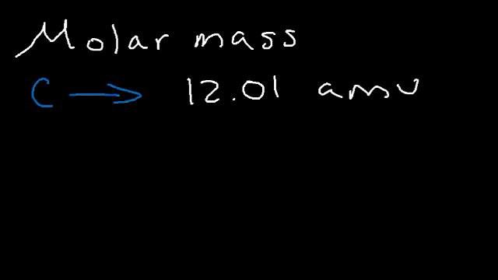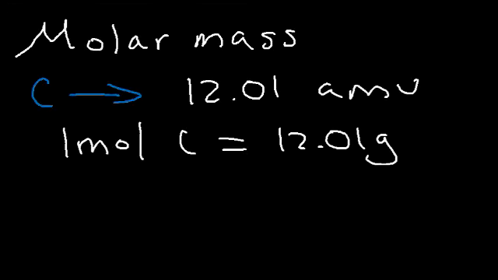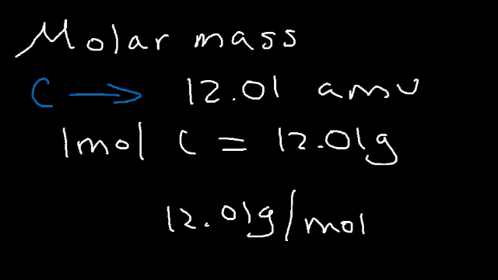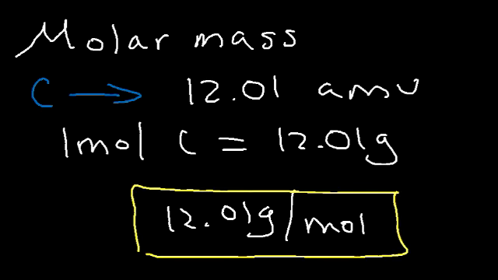Now, when you hear the words molar mass, atomic weight, formula weight, molecular weight, you can find it the same way. Basically, you just go to the periodic table and look at the mass number. So the molar mass, or the atomic weight of carbon, is 12.01. What this means is that 1 mole of carbon has a mass of 12.01 grams. Or you can say the molar mass is simply 12.01 grams per mole. And that's the idea behind the molar mass. It's the number of grams per 1 mole of substance.